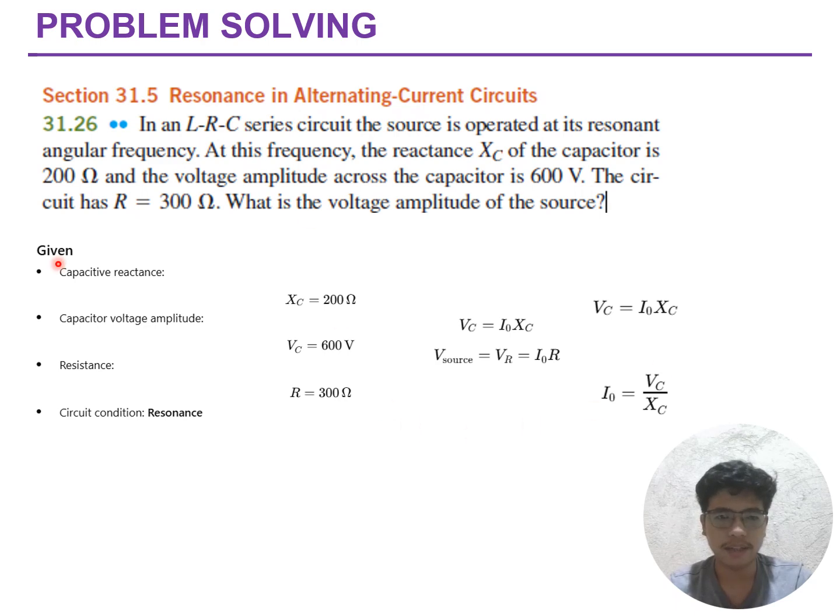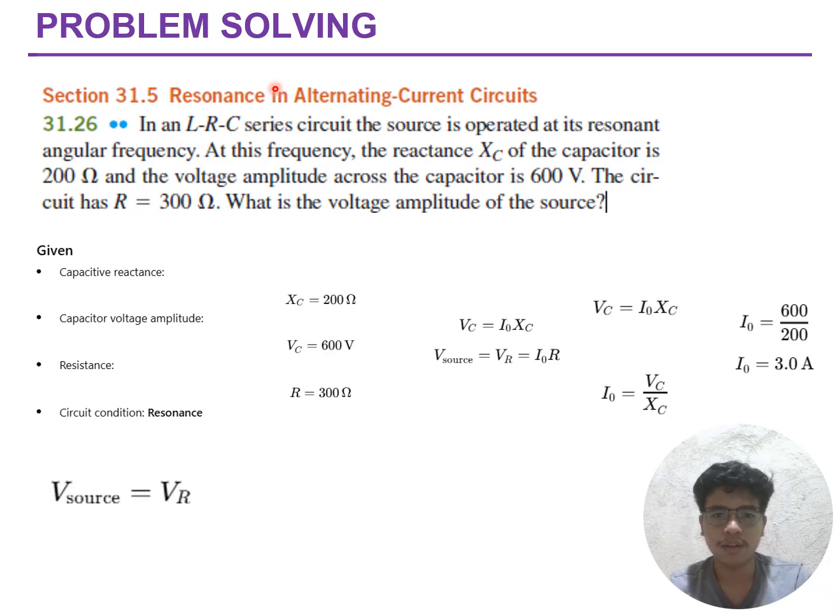Then after that, we are going to substitute the values. As you can see here, you have the 600 volts over the 200 ohms. So we get 3.0 amperes.